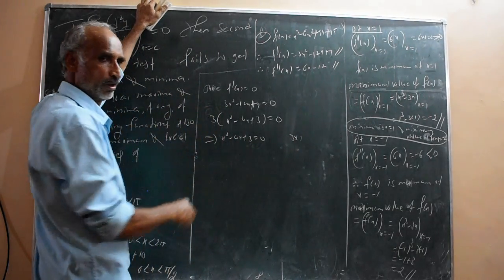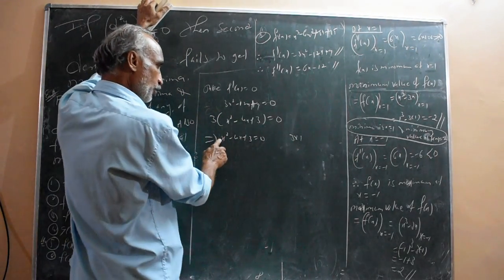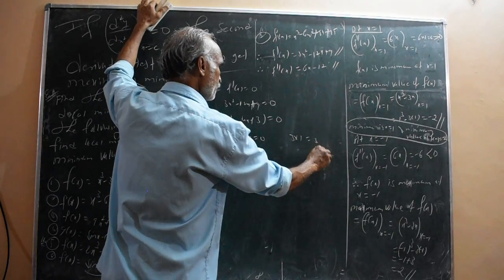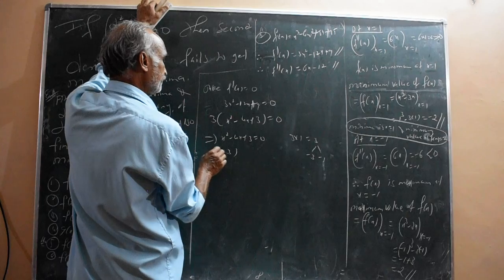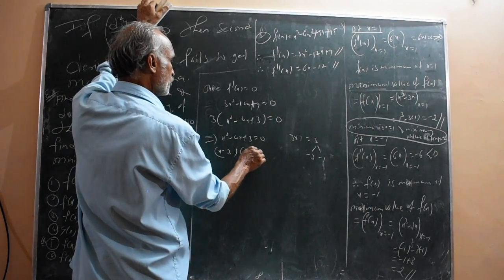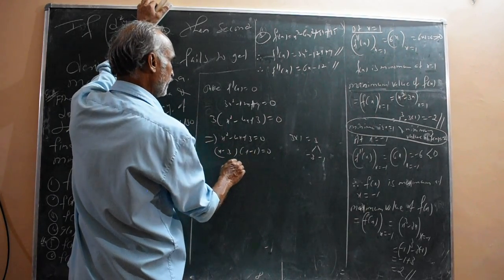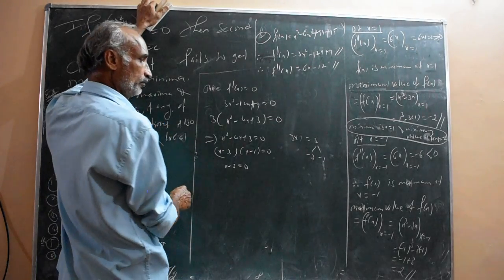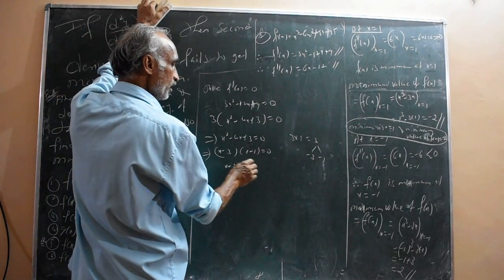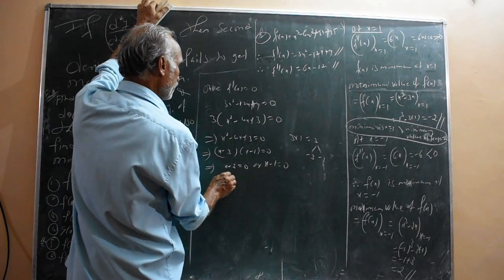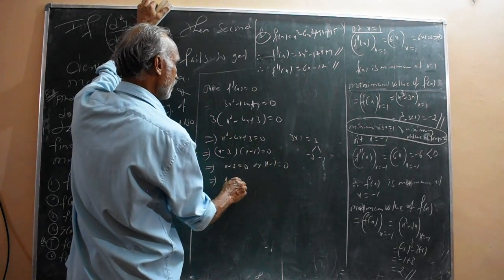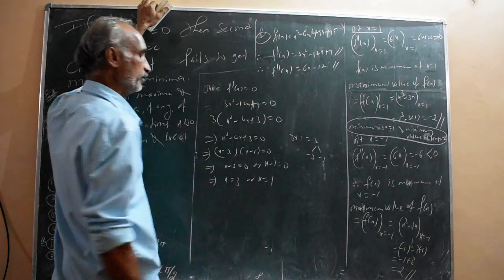I have to factorize this quadratic equation. 3 into 1 is 3. By splitting, 3 should get minus 4: minus 3 and minus 1. Therefore, x minus 3 into x minus 1 is 0. Therefore, x minus 3 is 0 or x minus 1 is equal to 0. Implies x is equal to 3 or x is equal to 1.